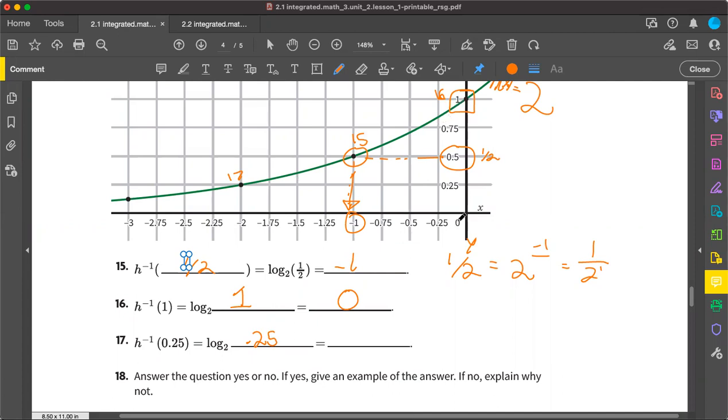So respectively, that happens at an x-coordinate of 0. And then for the quarter, 0.25, or 1/4, it's talking about this point here, and that maps out to being -2. Capiche? Makes sense.